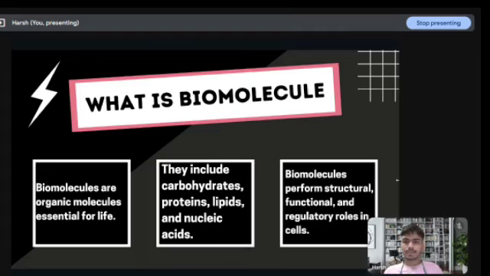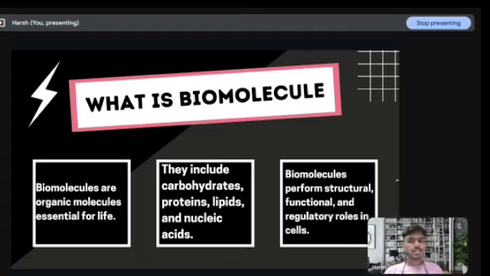These are organic molecules, and there are different types of biomolecules, for example, carbohydrates, lipids, nucleic acids, and proteins, which are essential and perform structural, functional, and regulatory roles in the cells.